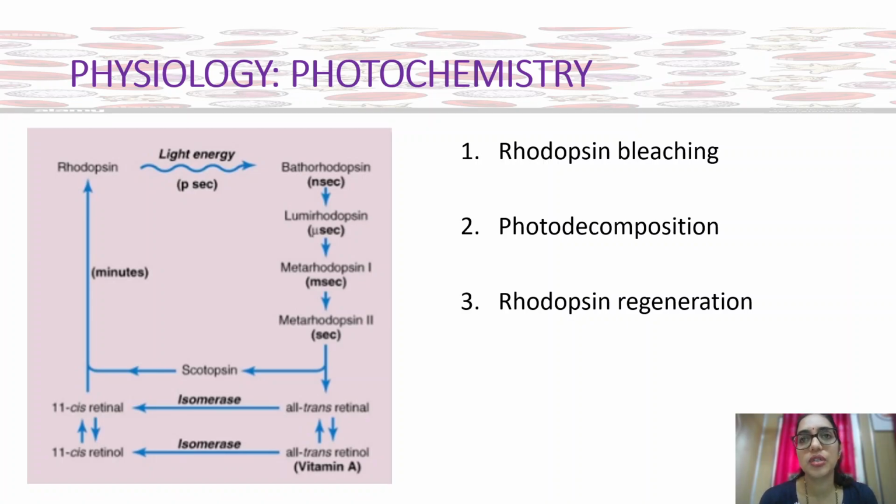Phototransduction is a process by which electric currents are produced in the retina following exposure to light. So what happens when there is exposure to light? This is a dark adapted eye and suddenly there is entry of a flux of light into the eye.